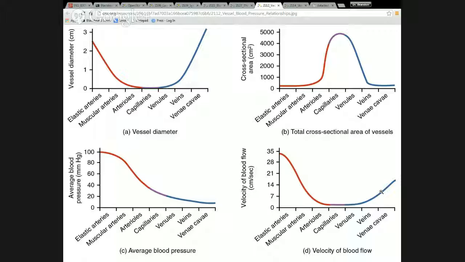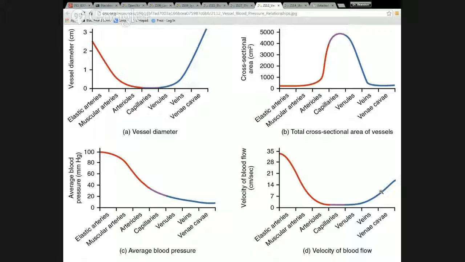Now, I'm not explaining all of this to the greatest detail. I just want to get you to understand the interplay between pressure and resistance. Okay. And largely what we can do to affect blood flow and regulate what's going on in the vasculature is really just to play with vessel diameter.